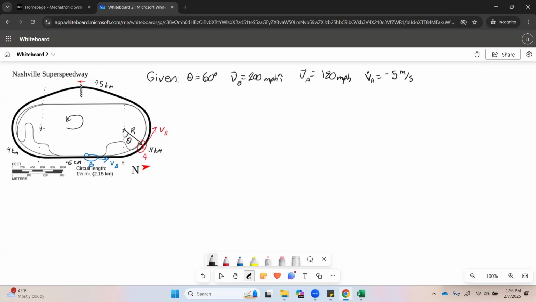So 200 miles per hour equates to 90 meters per second, and 180 miles per hour is 80 meters per second. And the direction of this is at theta equals 60 degrees.